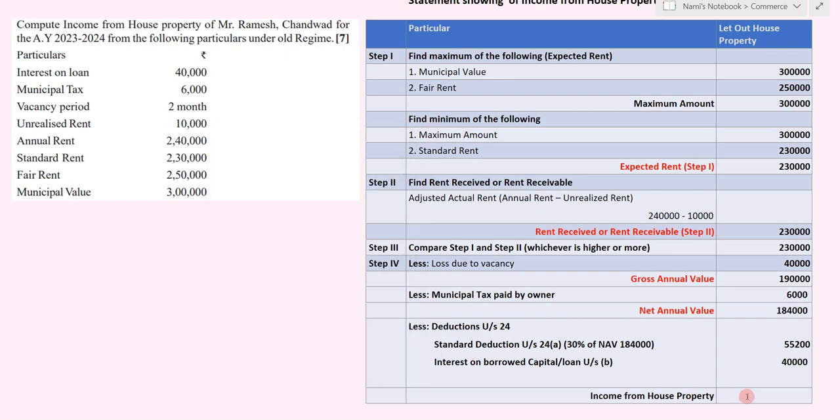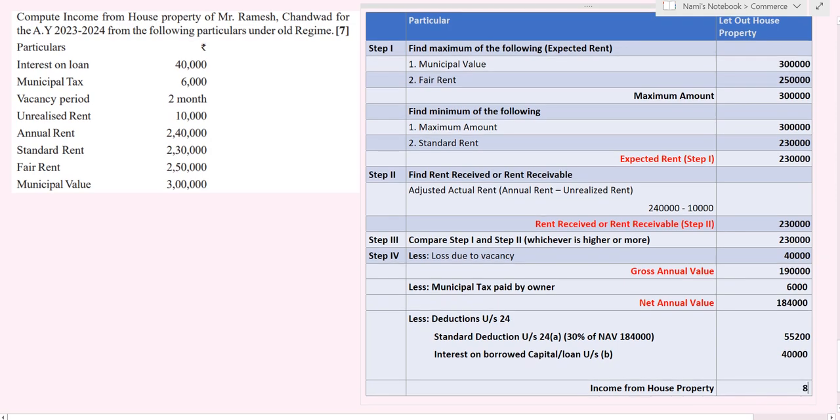So 88,800 is the income from house property.